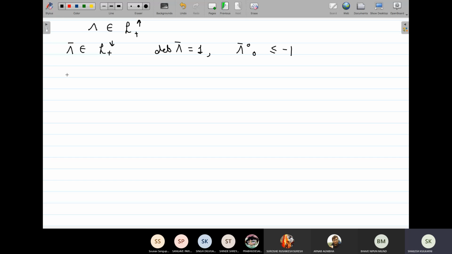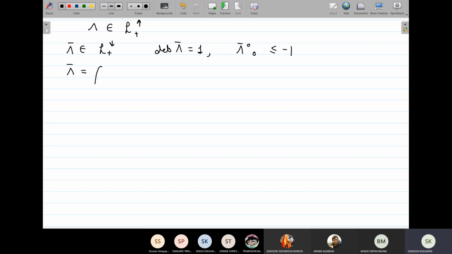Now, can I write this lambda bar as some matrix multiplied by this lambda? Lambda is the matrix which has determinant plus 1 and lambda 0 0 greater than 1.